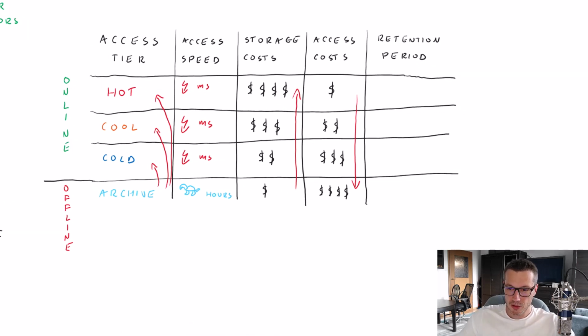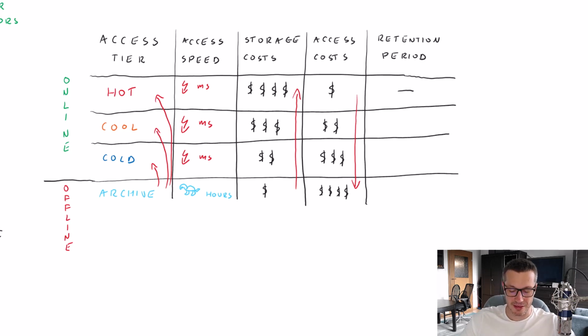All right, so let's move back to our diagram and let's focus on this retention period. So what is this thing? So basically, each of those access tiers has a retention period defined, which tells for how long Microsoft expects this file to remain in specific tier.